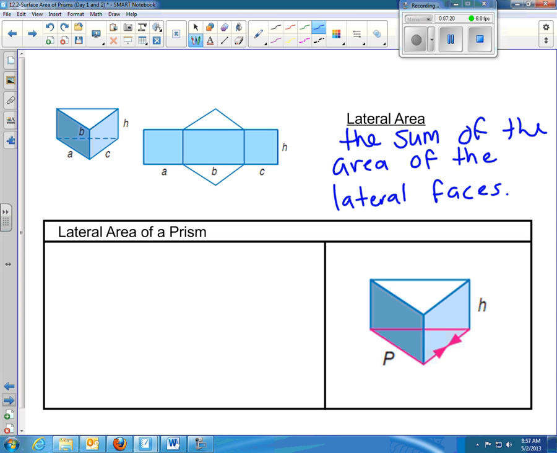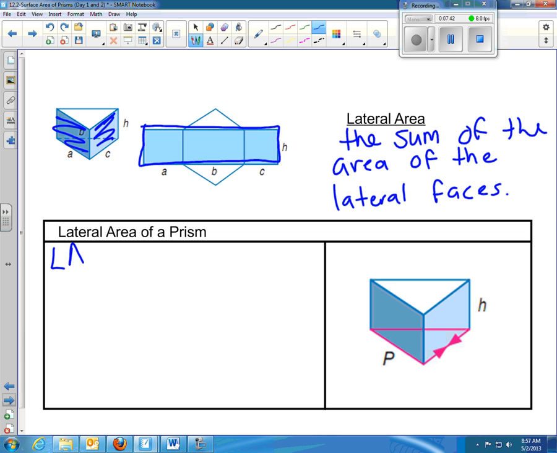It's a triangular prism, so the bases are the two triangles, and the lateral faces are all these other faces here. They have made a net for us, which we talked about in 12.1, so they unfolded everything. And right here, these are our lateral faces. So we're just going to find the area of each of those and add them together, and that's going to give us our lateral area.